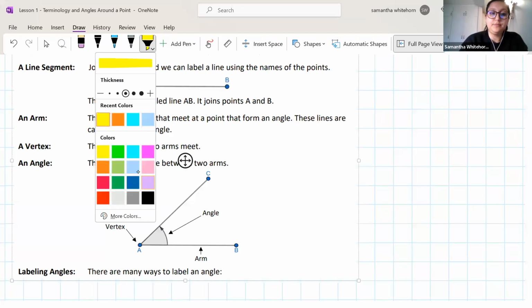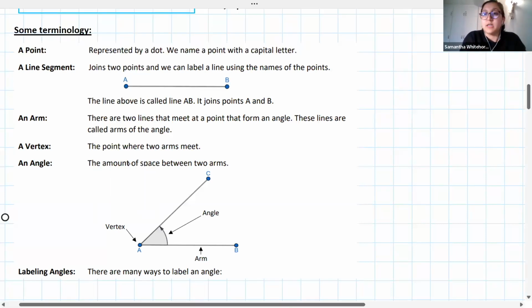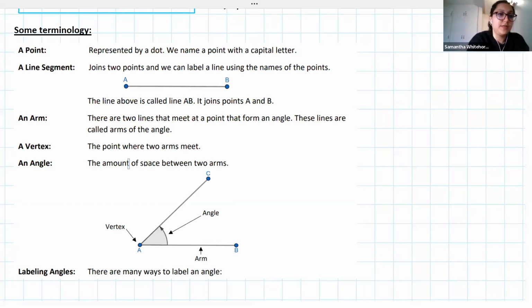So as we start to move into this geometry section, there are certain words that we need to be comfortable with. So firstly, a point. Now guys, a point is represented by a dot, and we label or name that point with a capital letter. So very importantly, when you see capital letters on diagrams, on geometric images, what you need to realize is that that capital letter is the label for a point.